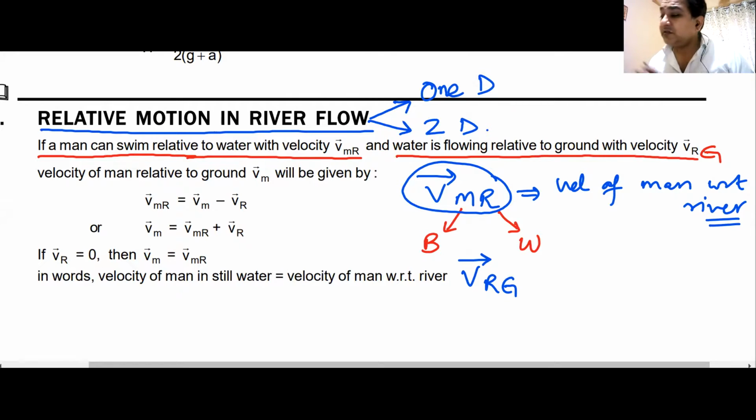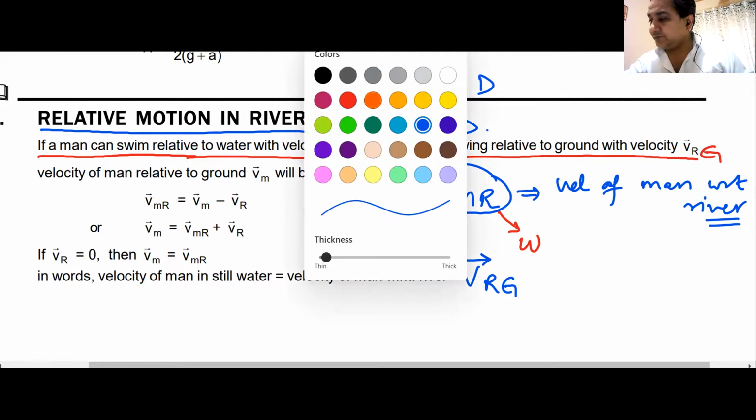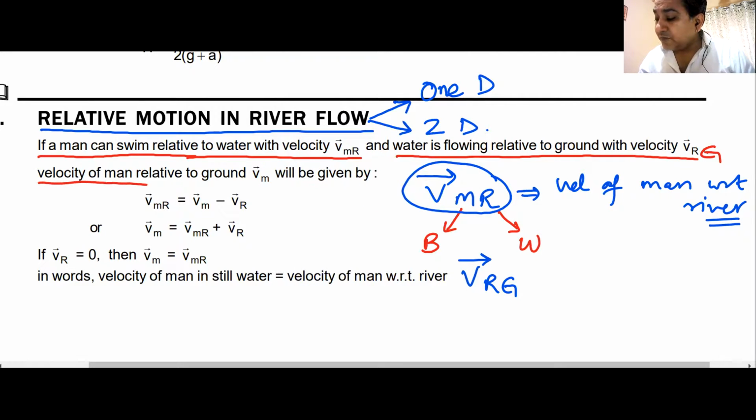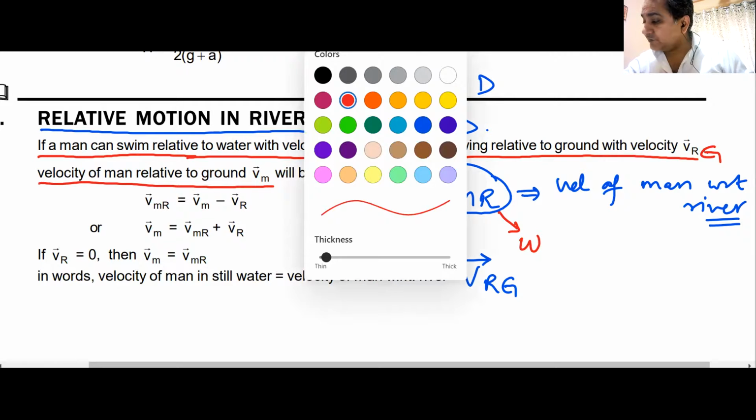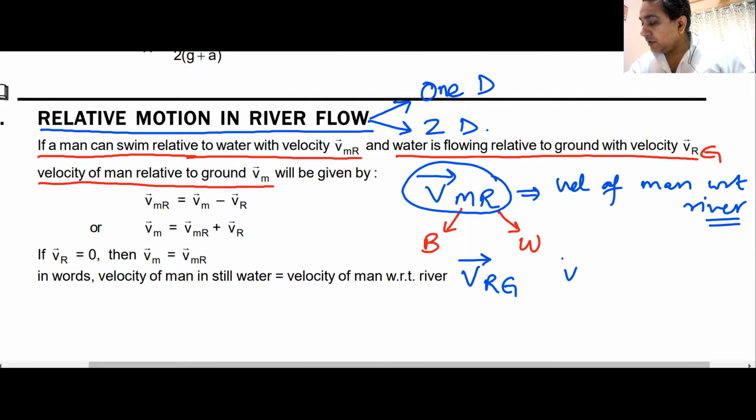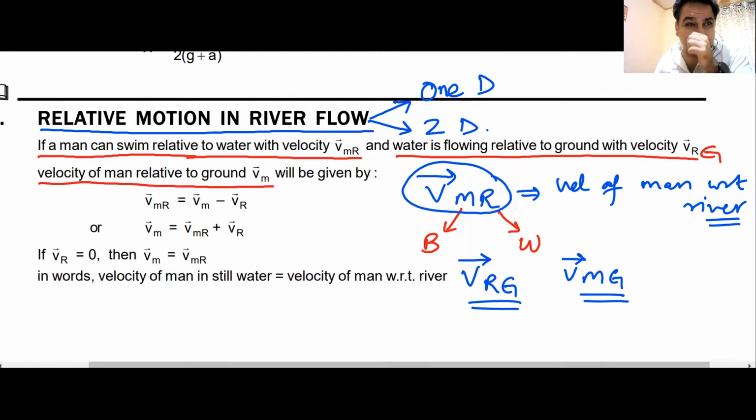What is the third term that is going to come here? The third term is velocity of man with respect to ground. So we call it VMG. But remember, the man or the boat is in water.